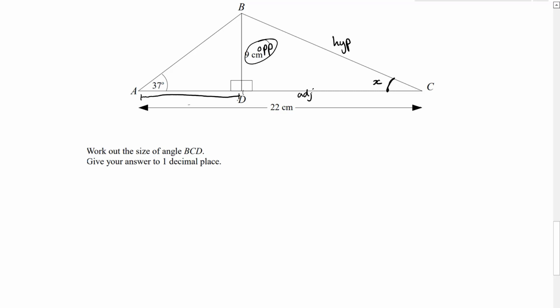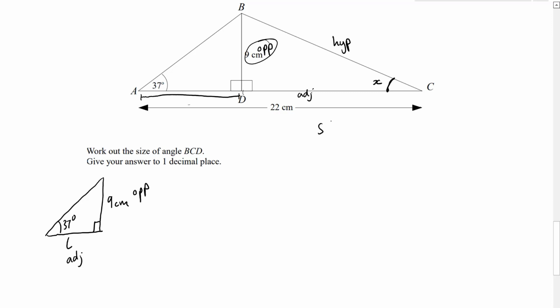So if I draw this out a little bit more explicitly over here, so I'll say that this right angle triangle is 37 degrees, this is 9 centimeters, and let's call this L. So this distance, or this length, L. We've already said this is the opposite and this is the adjacent.